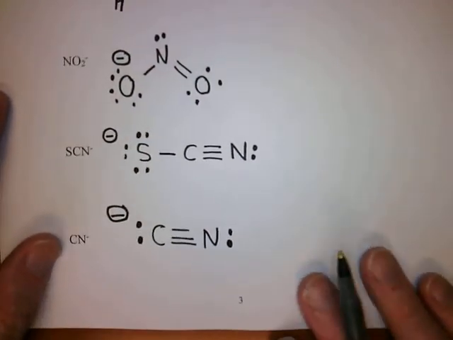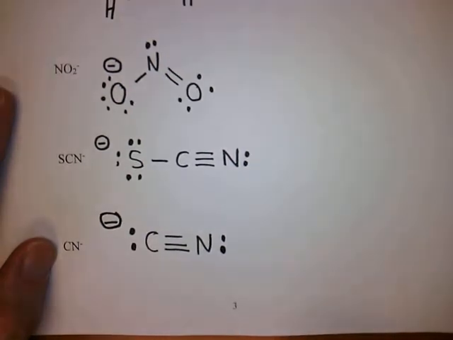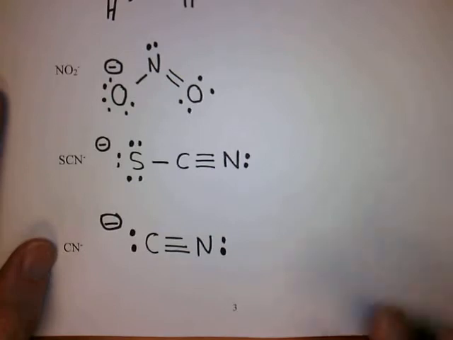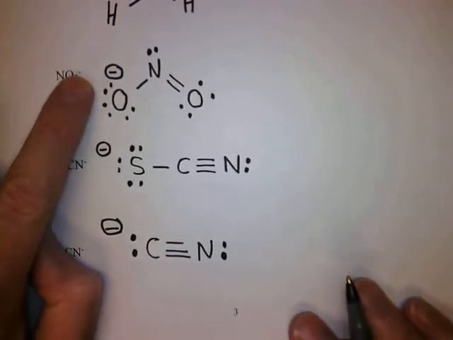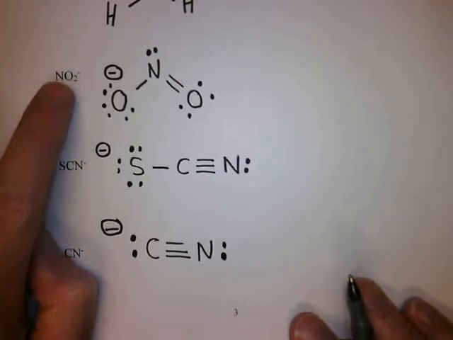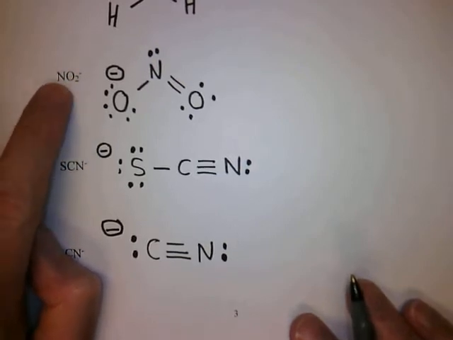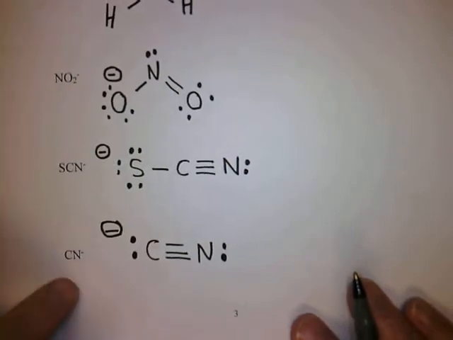Okay, so one more time, it's important that you know some of these polyatomic ions that can function as ligands in these molecules. When you see NO2, the charge isn't going to be there in the formula for the complex ions. You're going to have to look at that and say, okay, NO2, that's a -1. SCN, that's a -1.